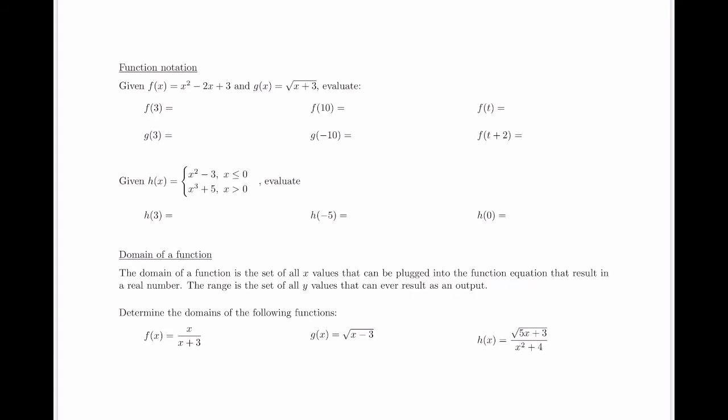So let me maybe highlight this. Whatever this x is, it's the exact same thing as appears throughout. So whenever I'm asked to compute with a particular value, I simply replace x with the value that I am given. So f of 3 then will be 3 squared minus 2 times 3 plus 3.